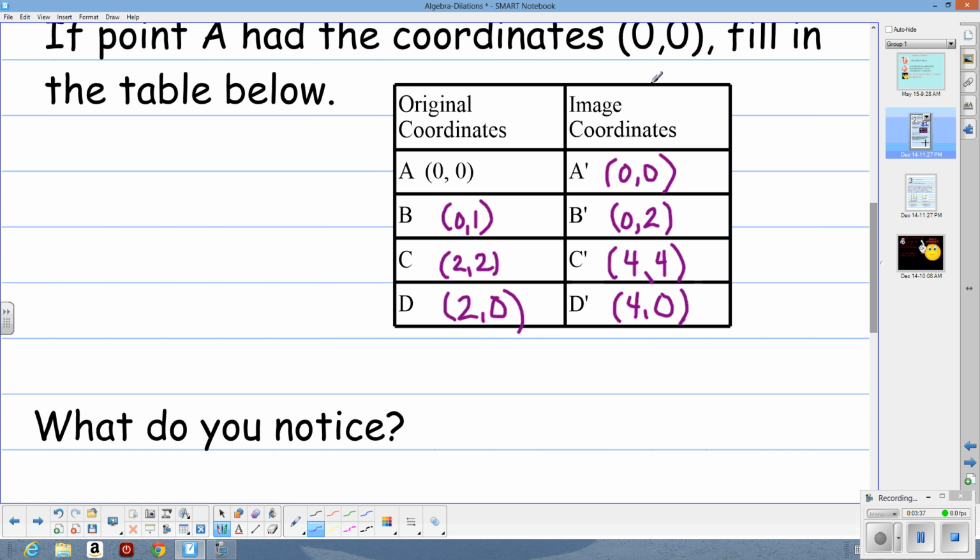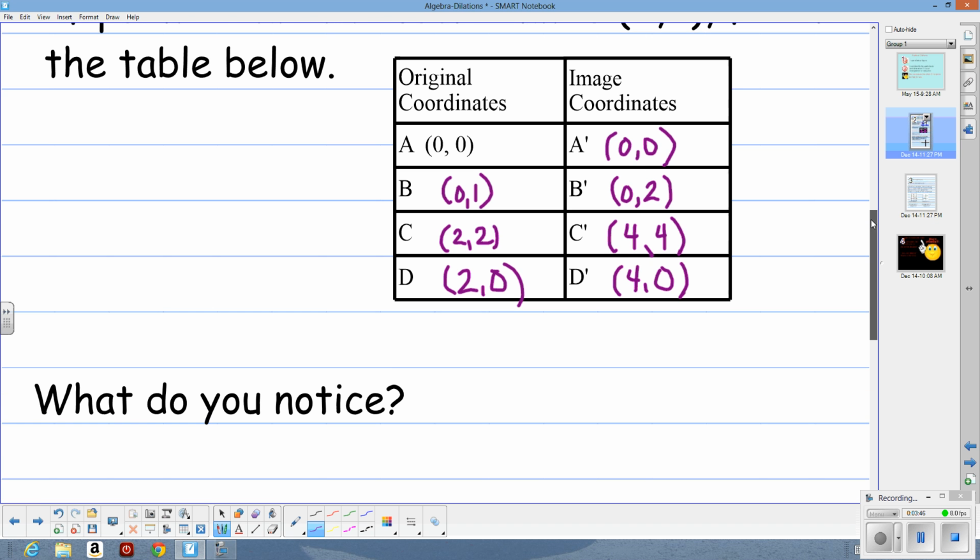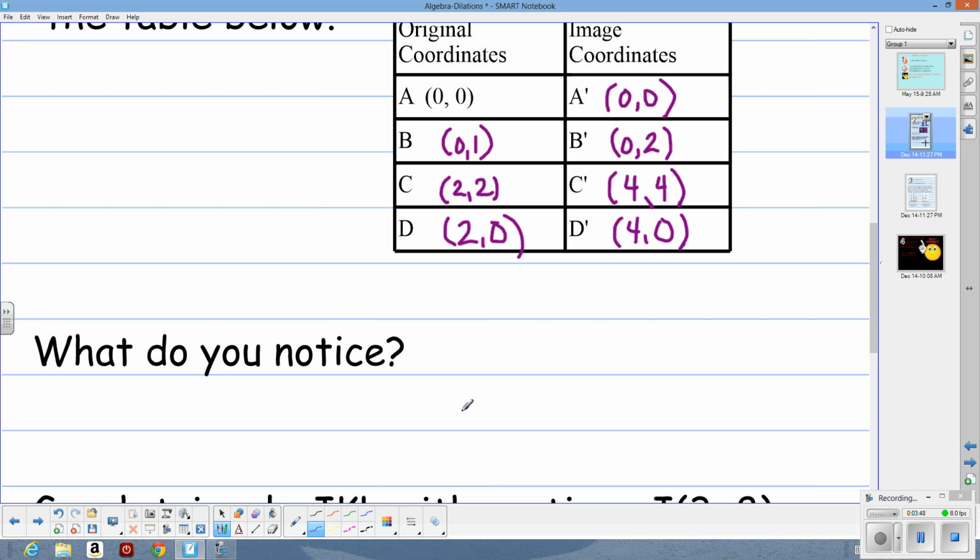What do you notice when I compare the original coordinates to the image coordinates, and remember that it had a scale factor of 2? You should notice that the image coordinates are just the original coordinates times 2.